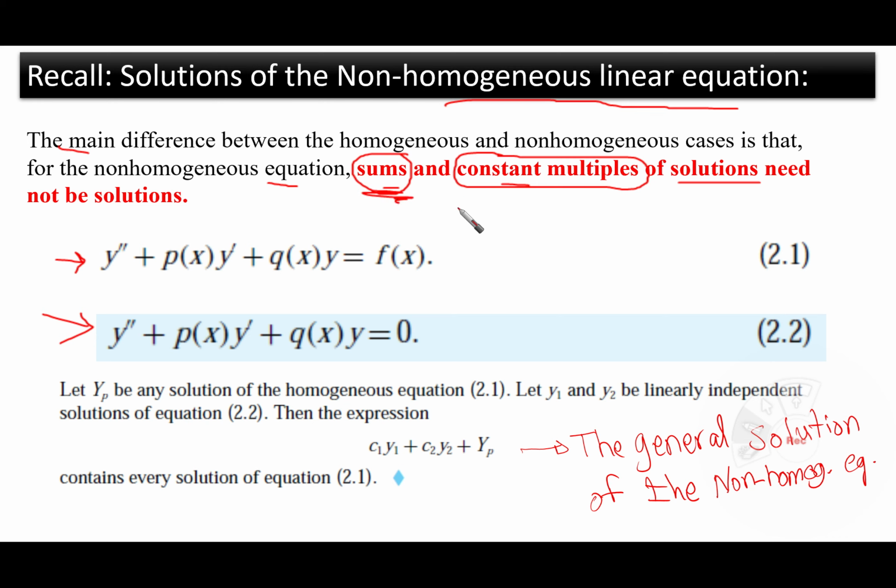But here in the non-homogeneous case, it's a little bit different. First of all, on the right-hand side, we are not going to find zero as is usual in the homogeneous case. We're going to find a function of x. But the left-hand side is really the same as what we are used to seeing when solving the homogeneous equation.